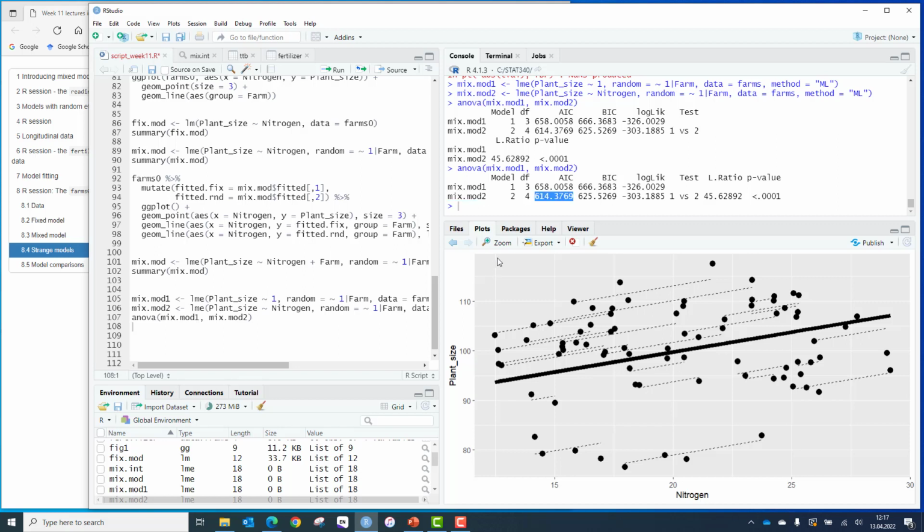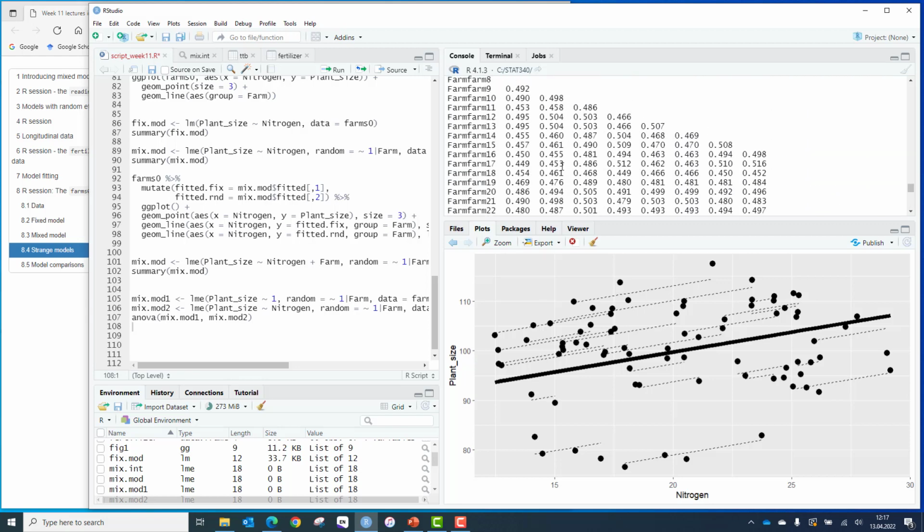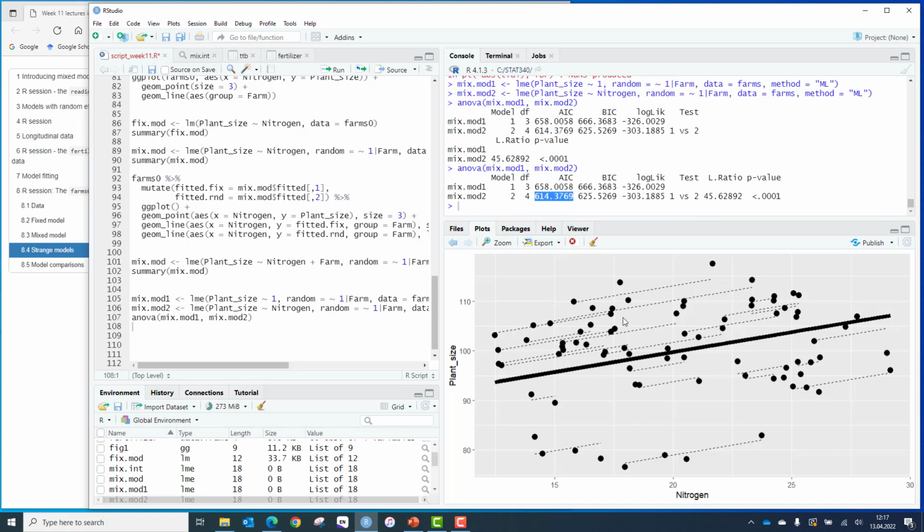Actually, instead of looking at the t-test like we did above to see that nitrogen was a significant predictor for plant size, we could do it from here as well, because we know that the only difference between these two models is to include the effect of nitrogen.